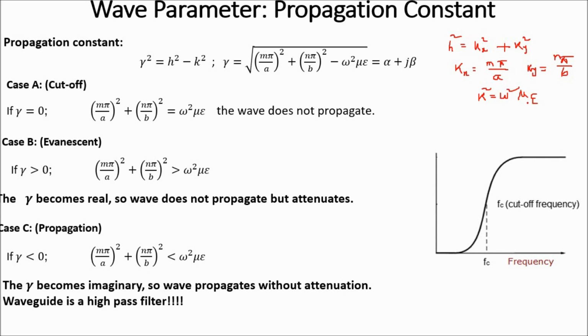Mu and epsilon are the permeability and permittivity of the dielectric material filled inside the waveguide.